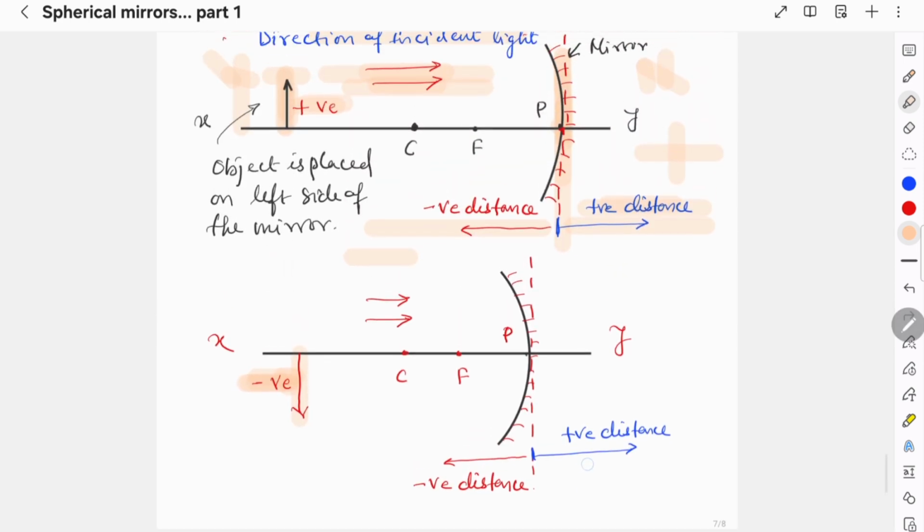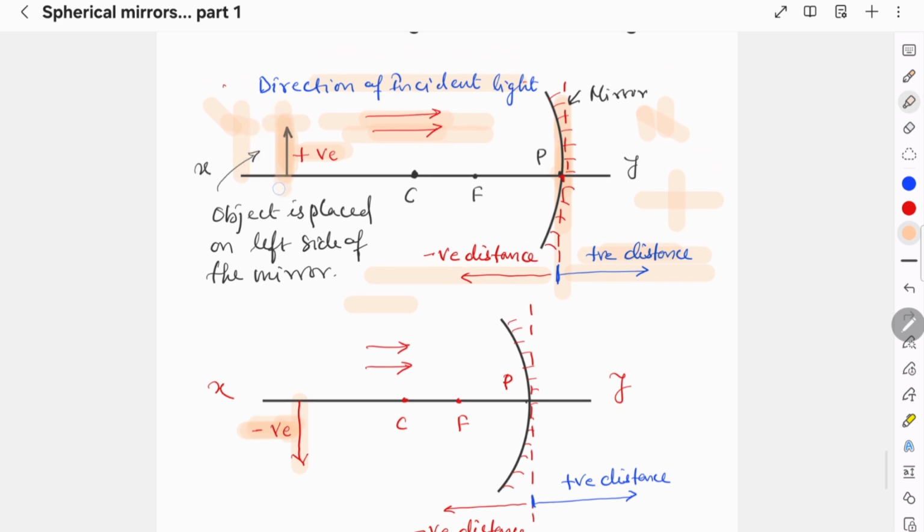See in this diagram, this object has been placed in the left side, and this object is also placed in the left side of the mirror. So when you are trying to find the image for this object, we'll have to keep the object on the left side of the mirror.